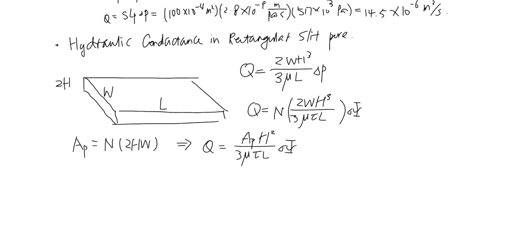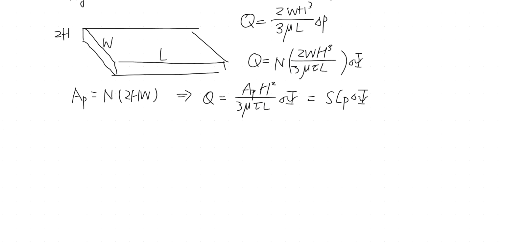Now let's do the same thing as what we did for cylindrical pores. This should equal S multiplied by the hydraulic conductance of the pore multiplied by delta psi. So this solves for the hydraulic conductance for rectangular slit pores.